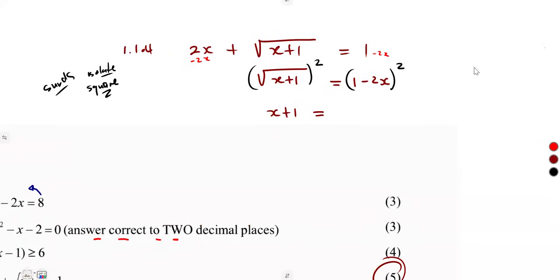this bracket. It simply means we have got two brackets, 1 minus 2x, 1 minus 2x. So you can expand from your FOIL method, all right? Or you can just consider, remember, a minus b squared is equal to a squared minus 2ab plus b squared. So as long as you've got two terms inside the bracket, you can consider one a and another one b.